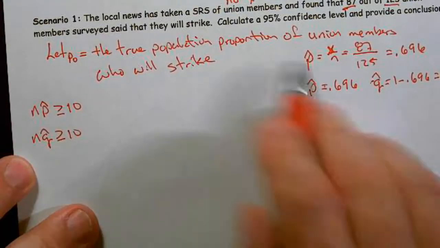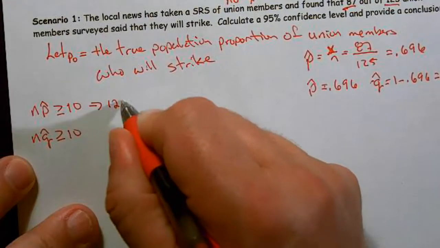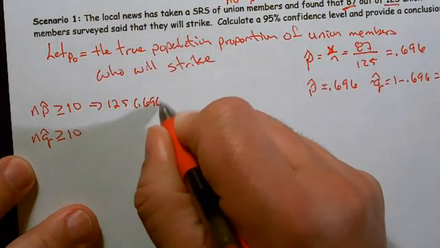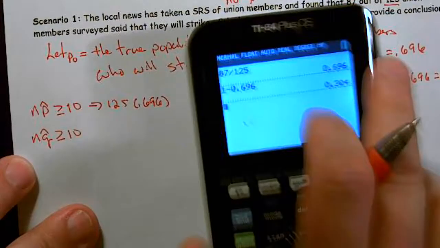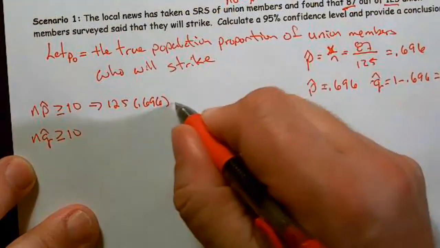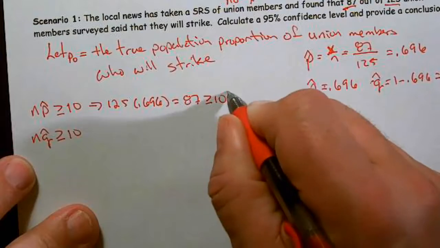Well, in P hat, N is 125. 125 times 0.696 is 87. That's greater than or equal to 10.